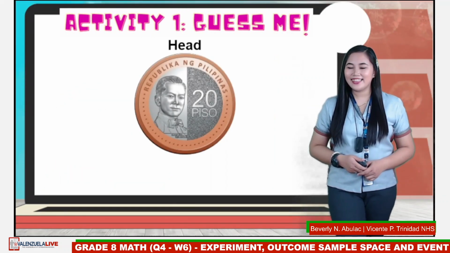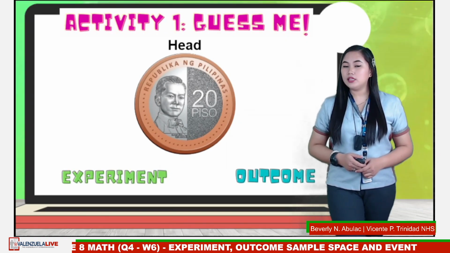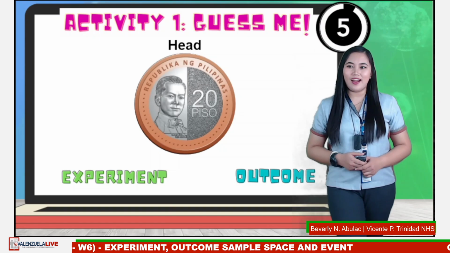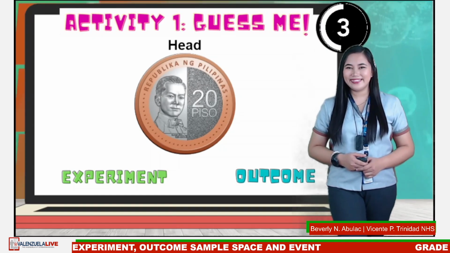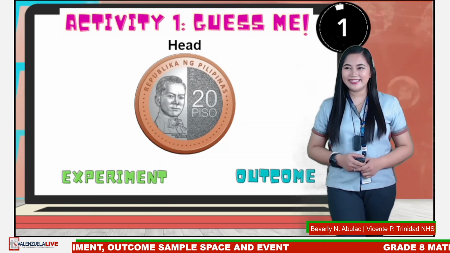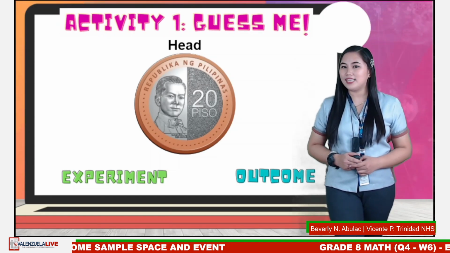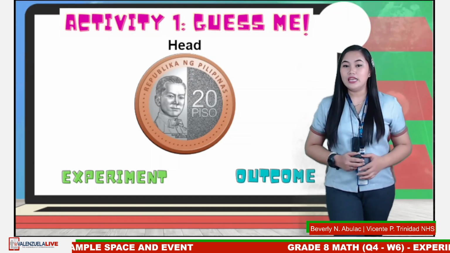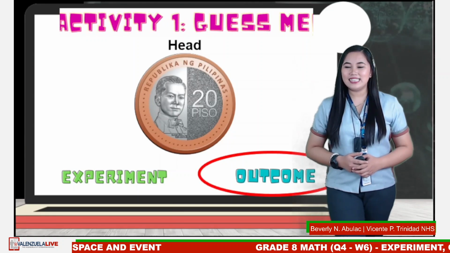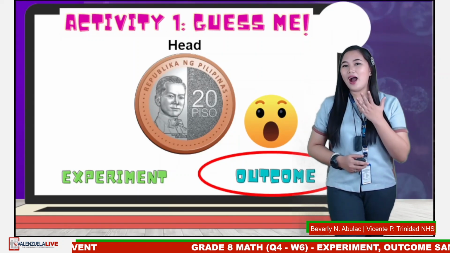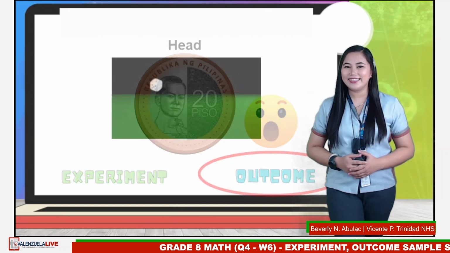Head. Is it an experiment or an outcome? 5 seconds, timer starts now. Time's up. Are you done pressing the correct react button? Very good. The correct answer is outcome. Therefore, you should be able to press the wow react button.